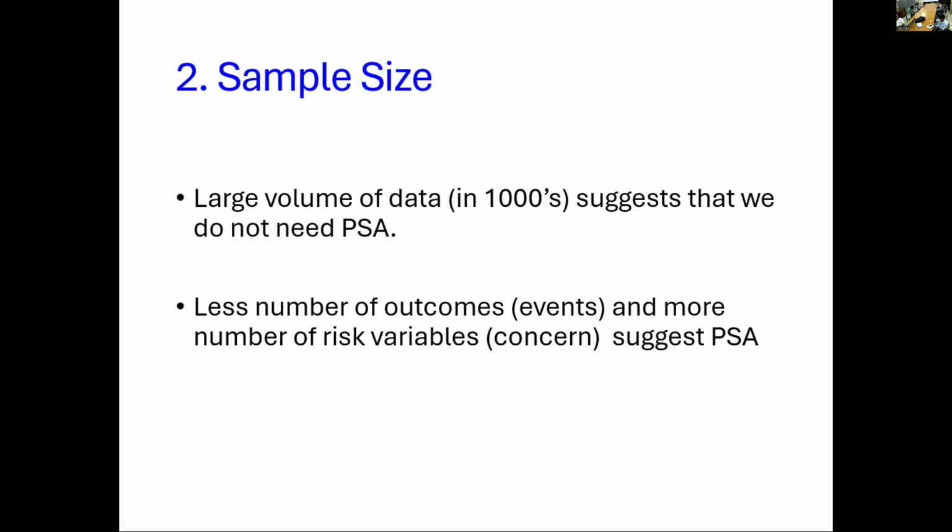With fewer outcomes and more risk variables, that is, many baseline variables, PSA is suggested. Now, I wanted you to discuss this part. If I have fewer events and many baseline variables, it raises a question of power.